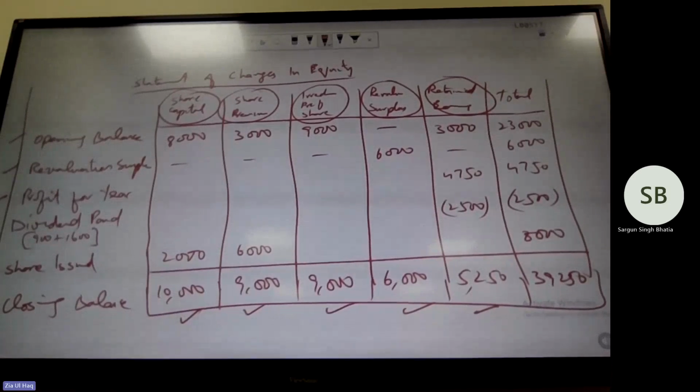So now we can prepare the balance sheet. So here we're going to prepare the statement of financial position. Assets first.